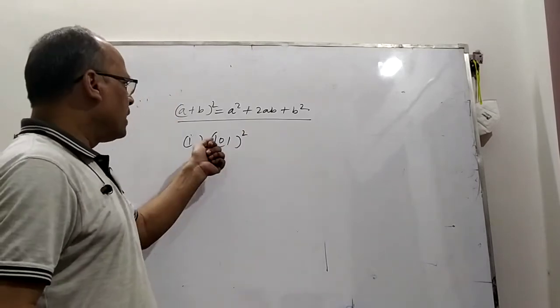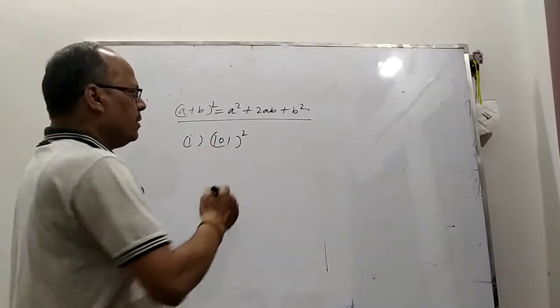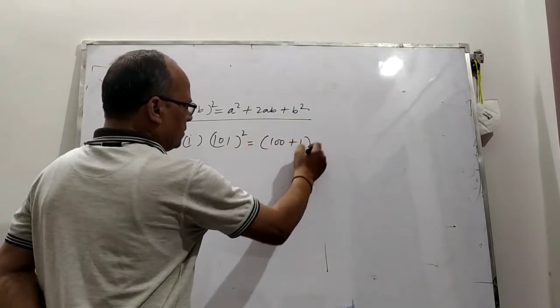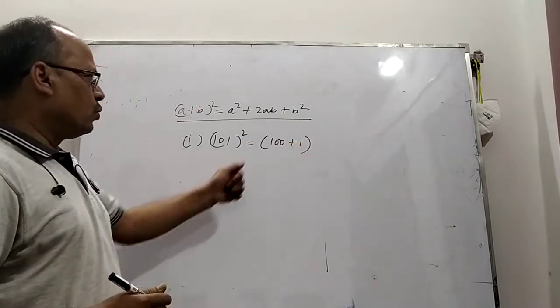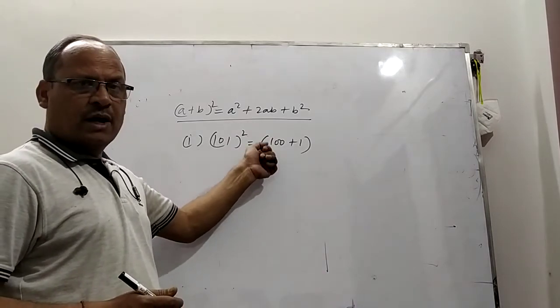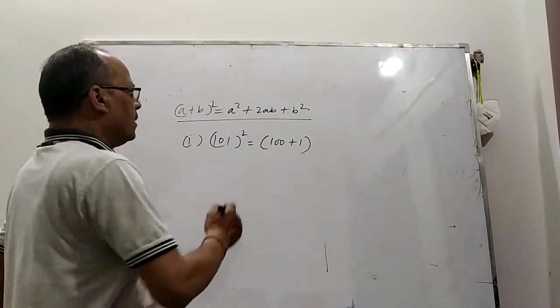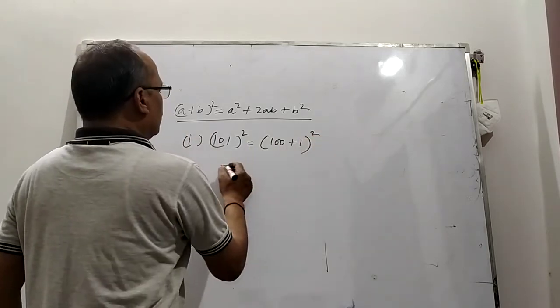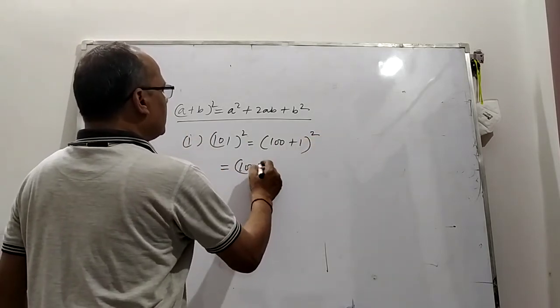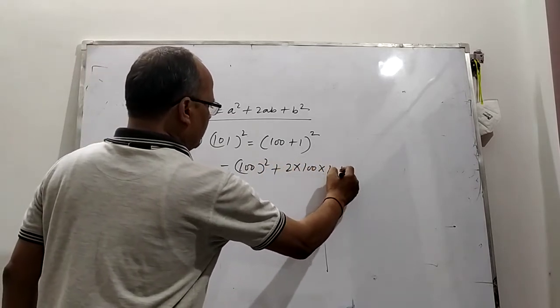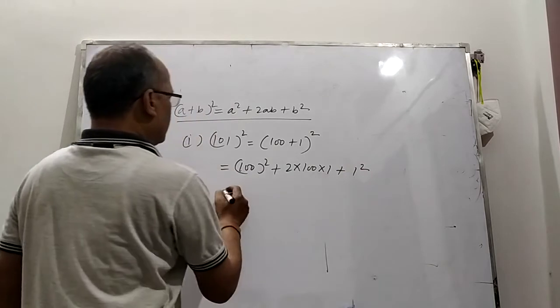How do you write this? You write it in terms of a multiple of 10. So what is it in multiples of 10? 100 plus 1. Closest to it, you write 10, you write 100, you write 1000 if possible. (100 plus 1) whole square is 100 square plus 2 into 100 into 1 plus 1 square.